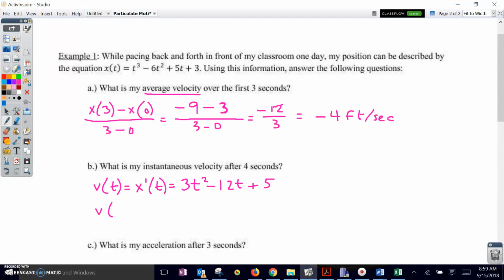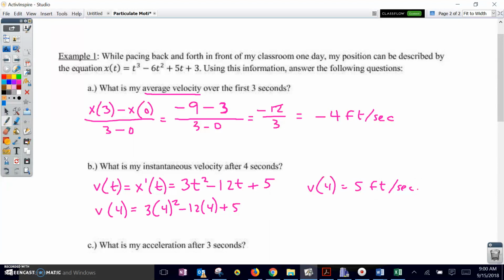And so my velocity at time 4 is going to be 3 times 4 squared minus 12 times 4 plus 5. And if I calculate that, I end up getting that this velocity is 5 feet per second.